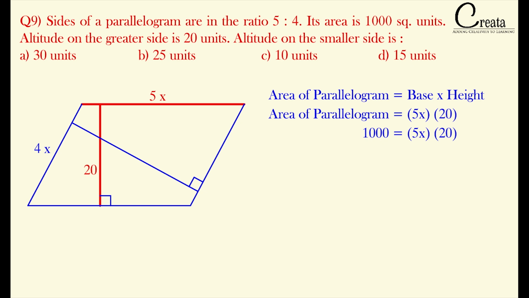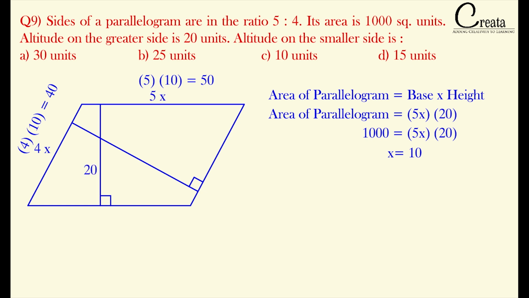On solving, we got the value of x as 10. Further, let's calculate the sides of this parallelogram. 5x will be 5 into 10, that is 50 units. And the other side will be 4x, that is 4 into 10, that is 40 units. We have got the sides of this parallelogram.